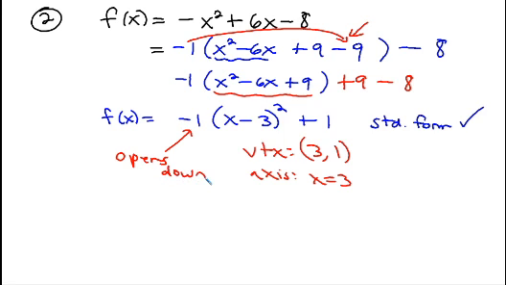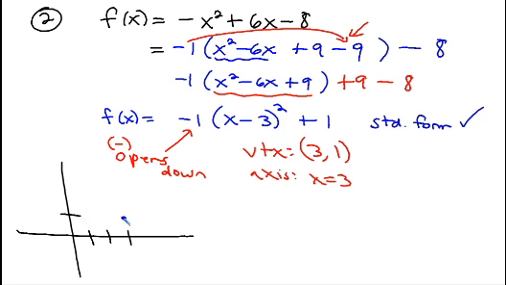It is concave down when you make this sketch. Because it is negative, it opens down. So when we make our graph here, 1, 2, 3, 1, my vertex is right here at 3, 1, but it's going to open down like that.